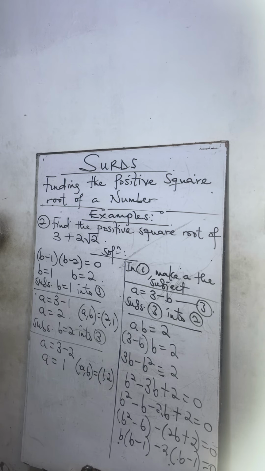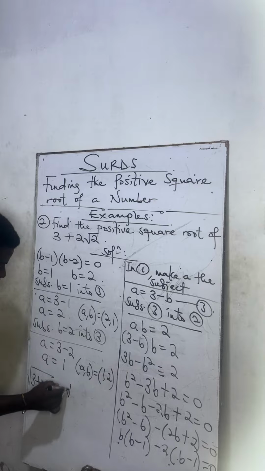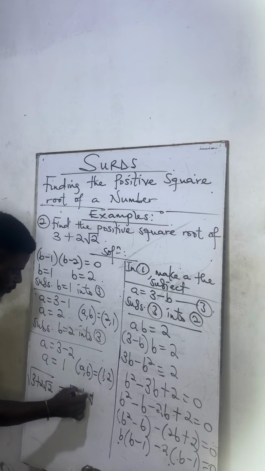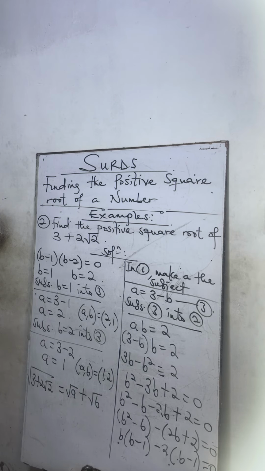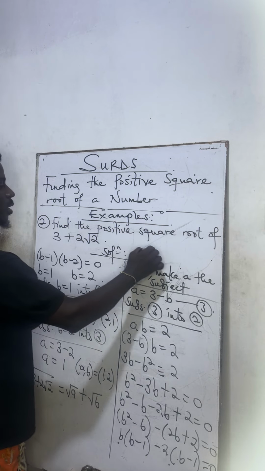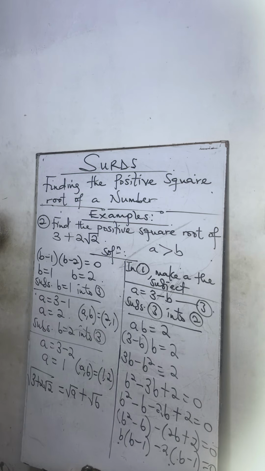So now, in all, we can say that the square root of 3 plus 2 square root of 2 is equal to square root of a plus square root of b. Don't forget the restriction says what? a must be greater than b.